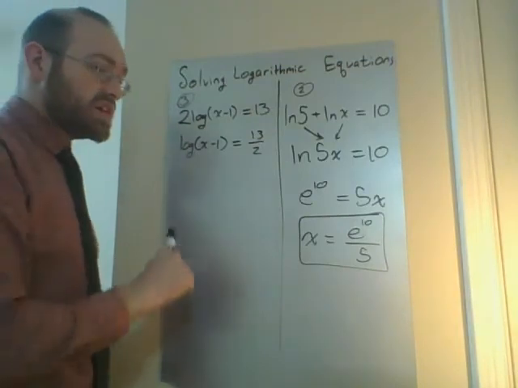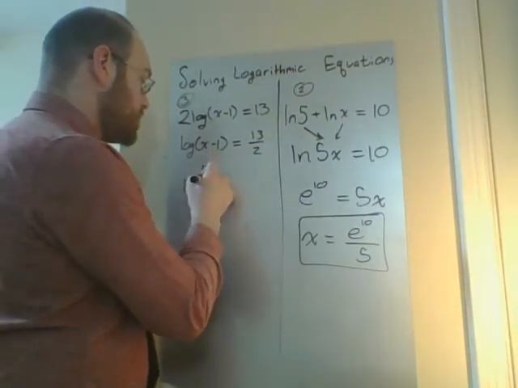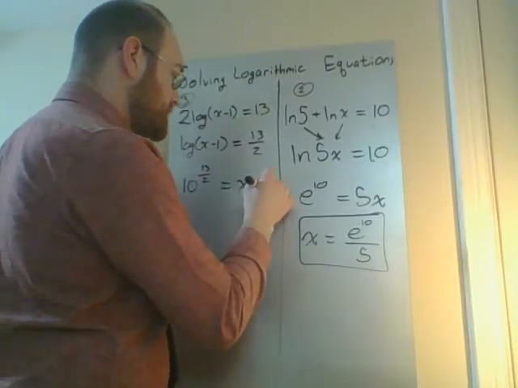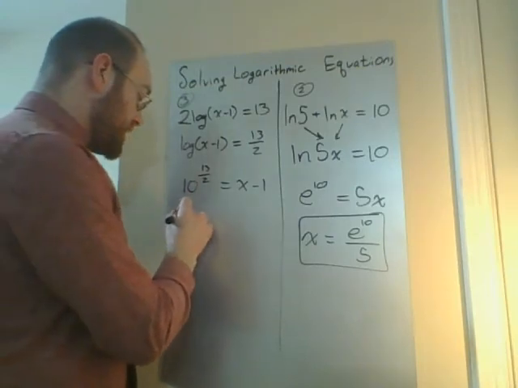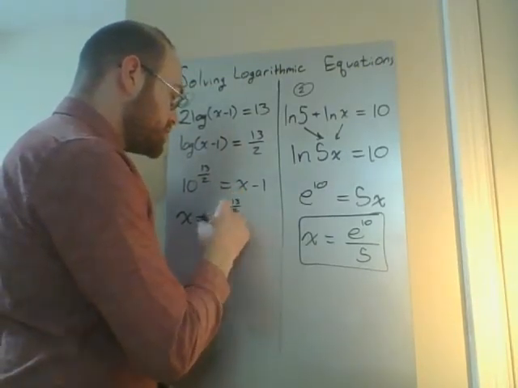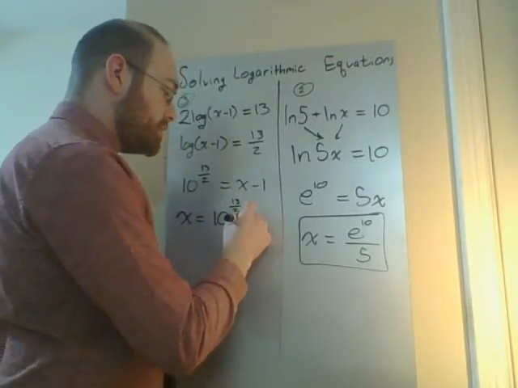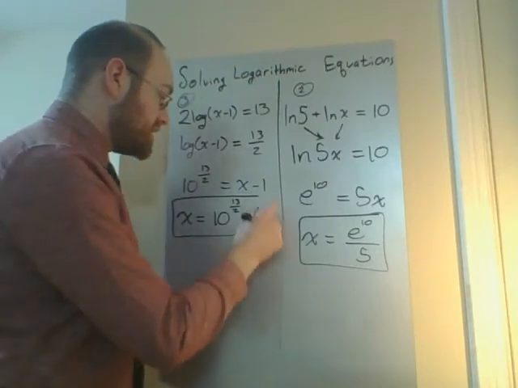So our base of the common log is 10. So we have 10 to the power of 13 over 2 is equal to x minus 1. And so finally, we just add 1 to both sides. So x is equal to 10 to the 13 over 2 power plus 1.